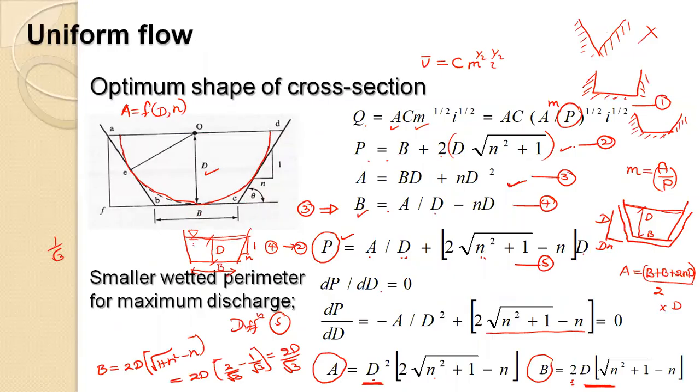Any relationship that you can think of? I would give you this equation with this one, because now this is without considering the side slopes, so only the water depth. So if you have a rectangular cross section, what can you say about the depth and the breadth? D and B, if it is a rectangular cross section. Can someone answer that?